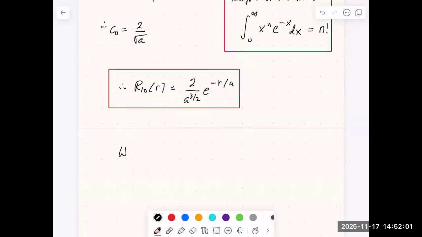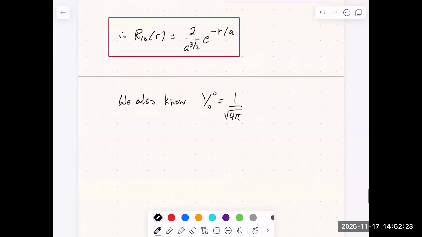Okay, so we also know that for our spherical harmonics, the Y00 was pretty straightforward. It's just a constant, 1 over root 4 pi. So then we can finally write down the ground state of the hydrogen atom.